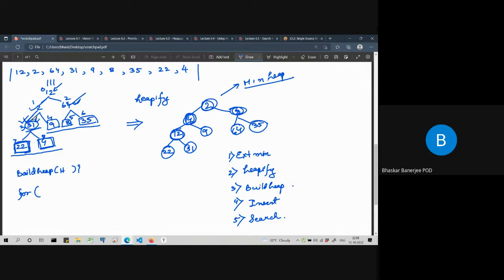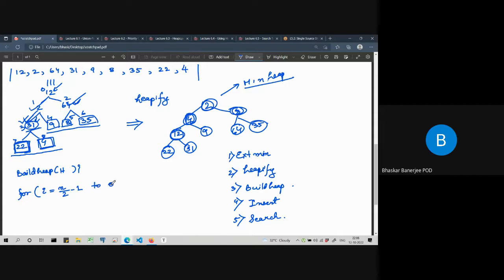Let's say i equals the number of elements n divided by 2 minus 1. From this number, 2, I would go till 0.